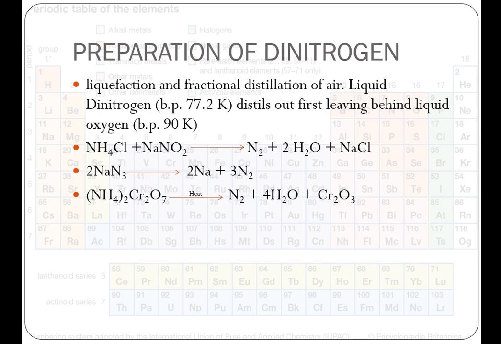These impurities can be removed by passing the gas through aqueous sulfuric acid containing potassium dichromate. Dinitrogen can also be obtained by thermal decomposition of sodium azide or barium azide. It can also be obtained by thermal decomposition of ammonium dichromate.